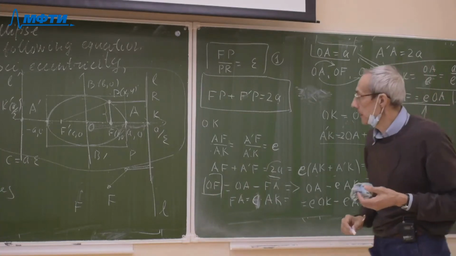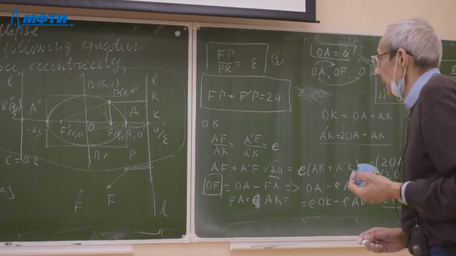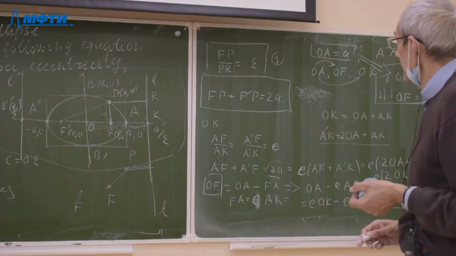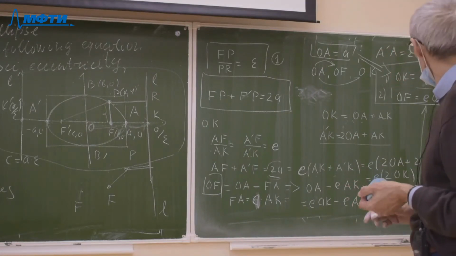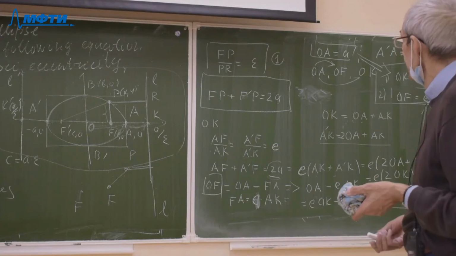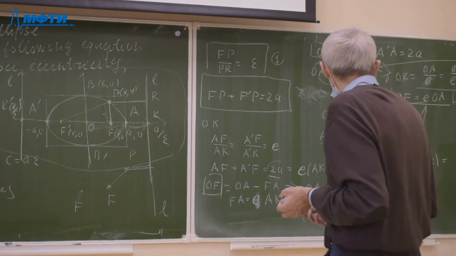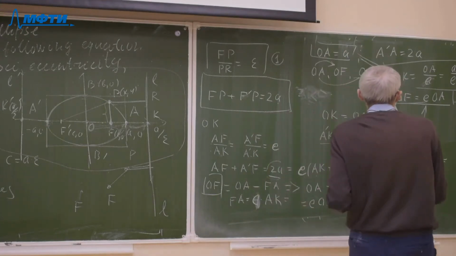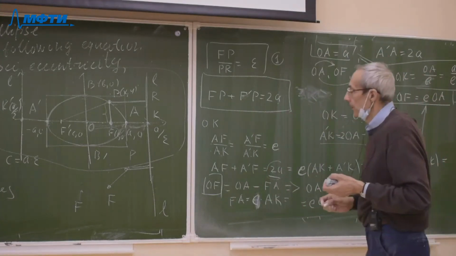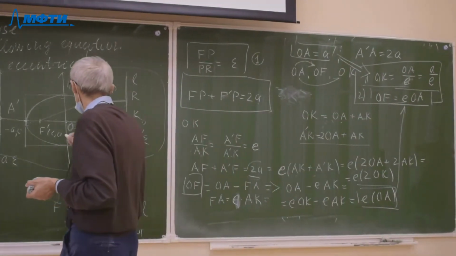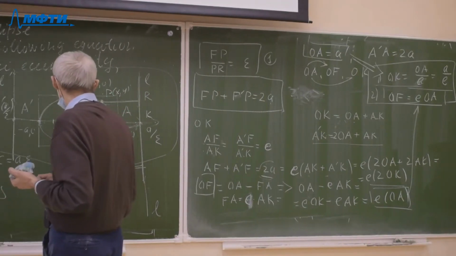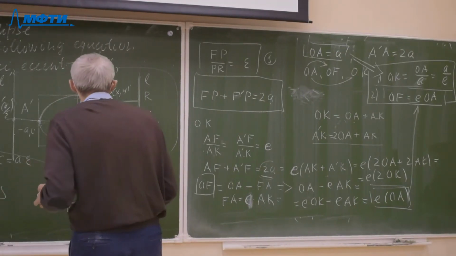And I repeat the reasoning which was done in the previous lecture. And using these two equalities, we deduce the formula for the ellipse.